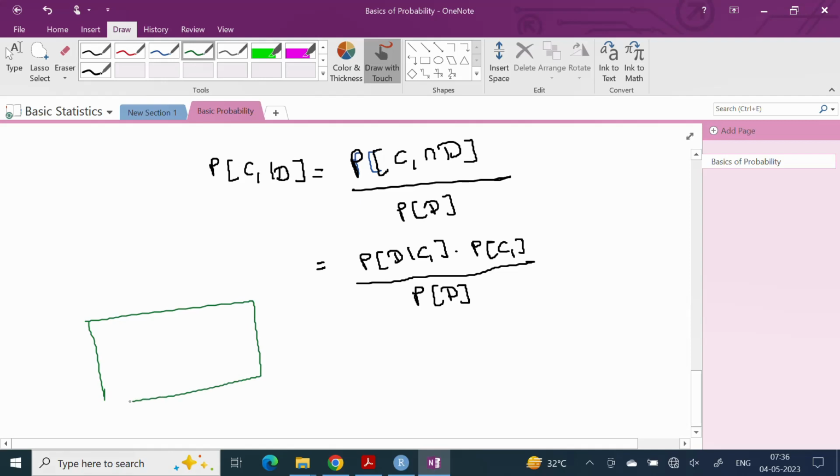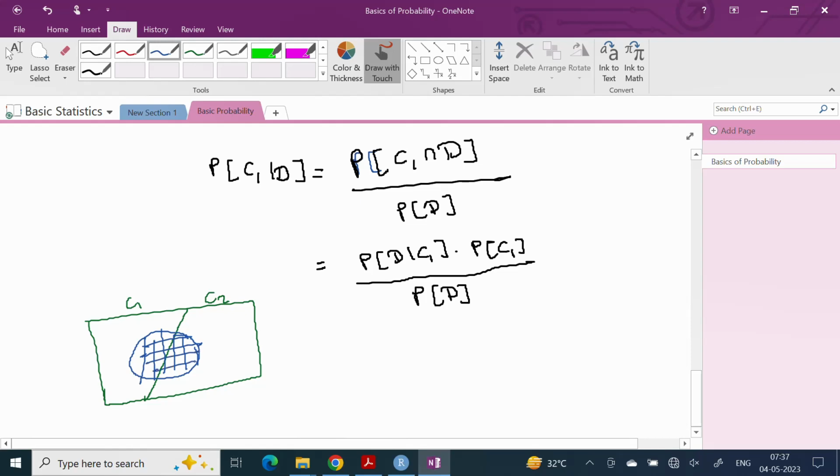So suppose this is all pieces. We know some of them come from company 1, some of them come from company 2. Correct? So suppose these are the defective pieces, and outside are non-defective. So those in the blue circle are basically defective pieces.